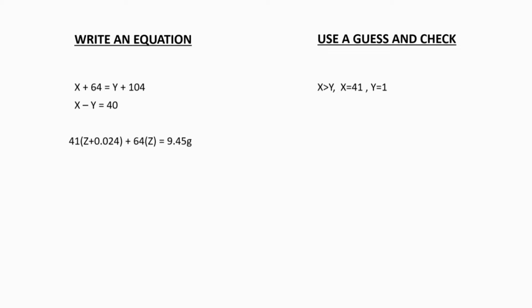The last equation we can write is 41 multiplied by (z plus 0.024) plus 64 multiplied by z is equal to 9.45 gram. We can use this equation to find the mass of Ina's notes later by finding the value of z in the first place.